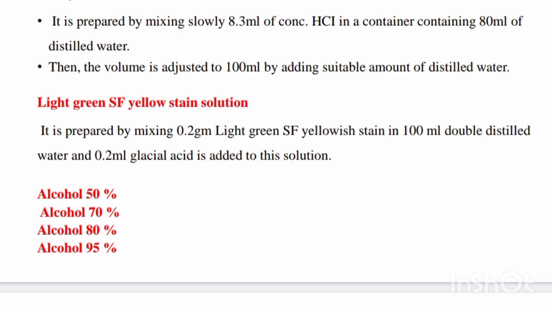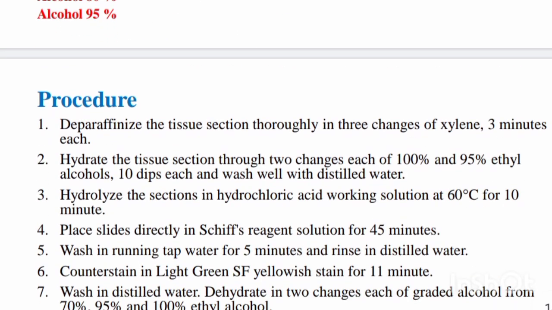It is prepared by mixing 0.2 gram of light green SF yellowish stain in double distilled water, and 0.2 milliliter glacial acetic acid is added. Alcohol will be 50, 70, 80 and 95%. Next is the procedure.